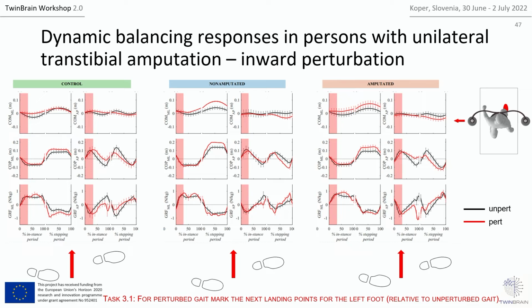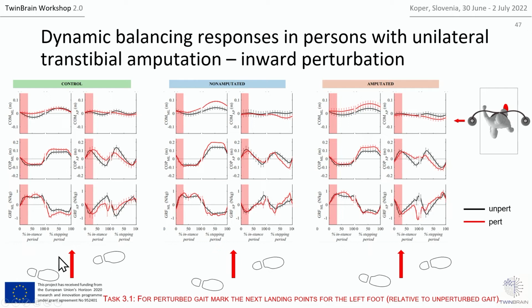Looking at these graphs, let's try to see where the next landing point for this leg would be for the perturbed gait.